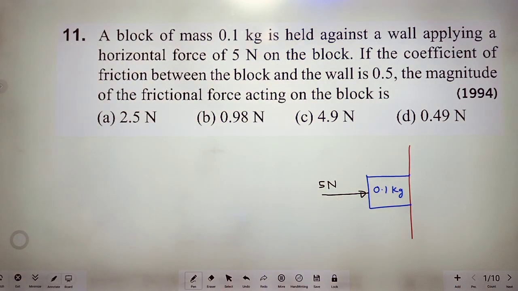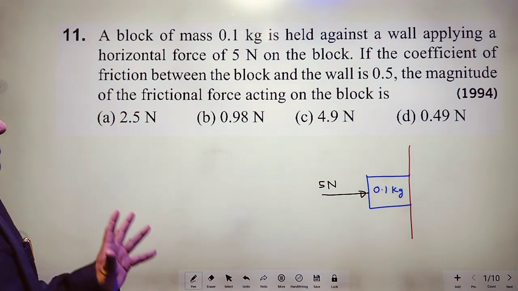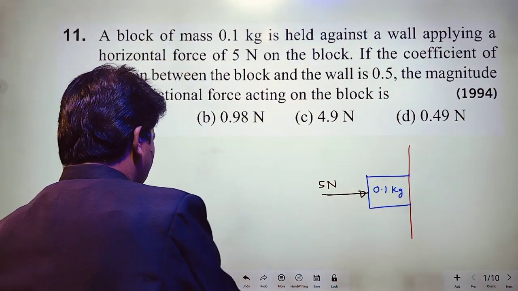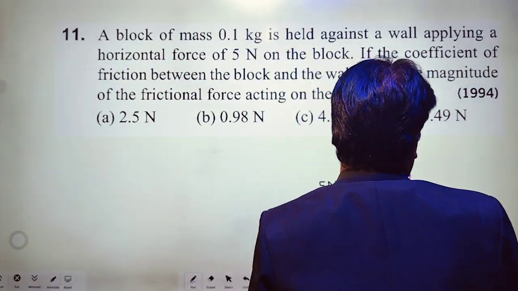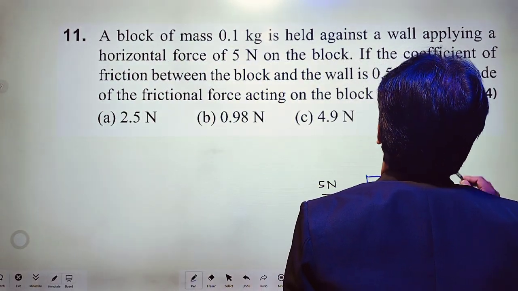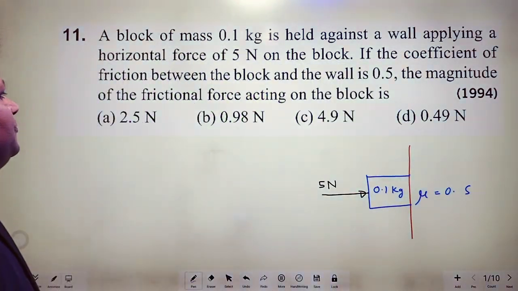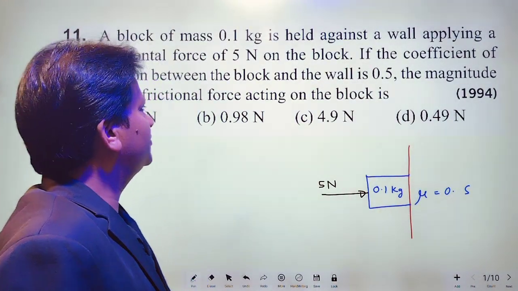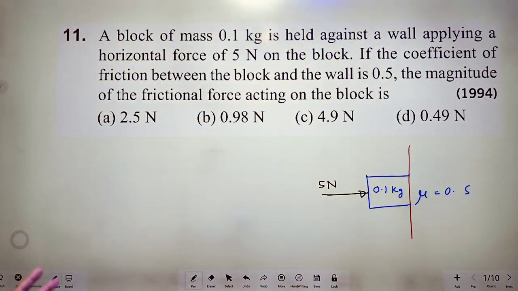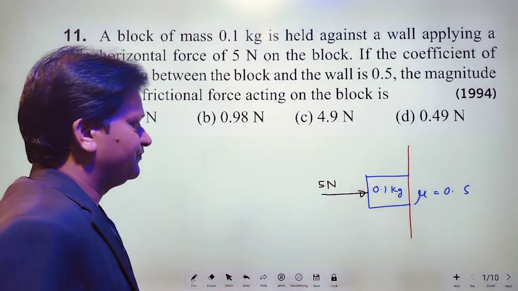If the coefficient of friction between the block and wall is 0.5, we have to find the magnitude of the frictional force acting on the block in this situation.